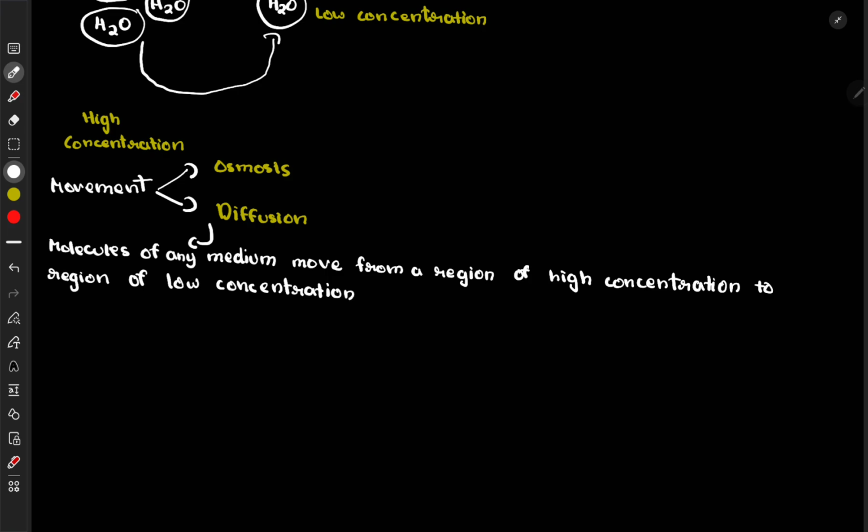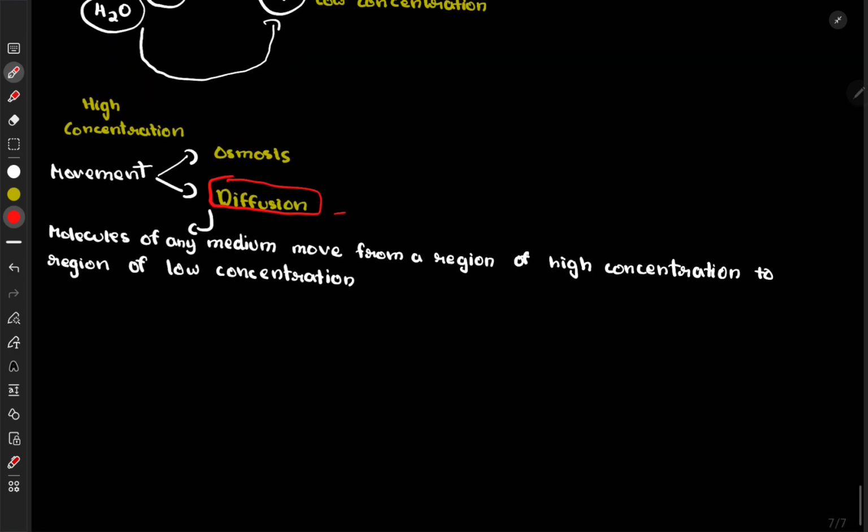Fine, got it? So this is the definition for diffusion. So diffusion is like any medium can go through. Now, basically diffusion does not have a semi-permeable membrane.